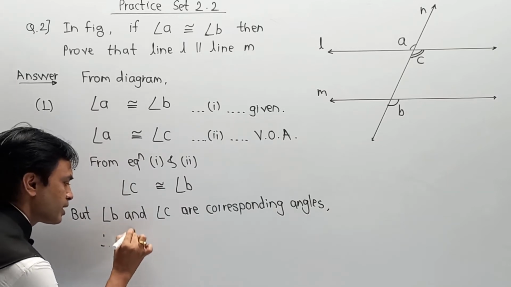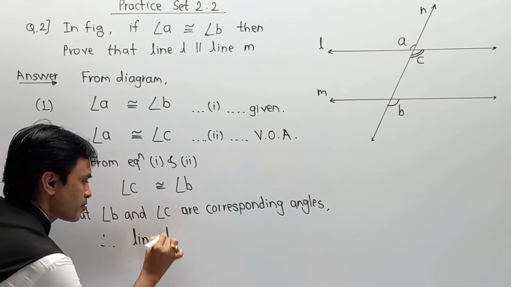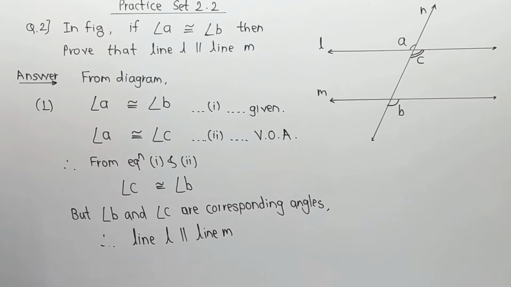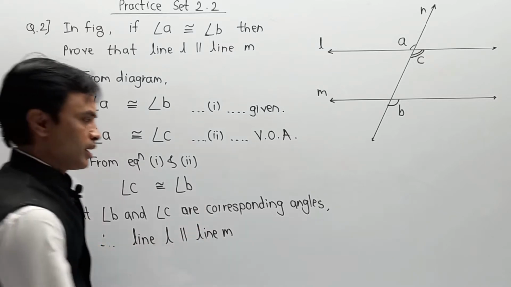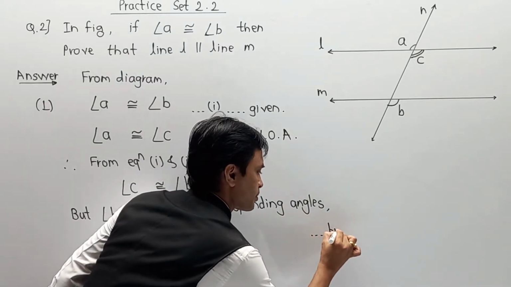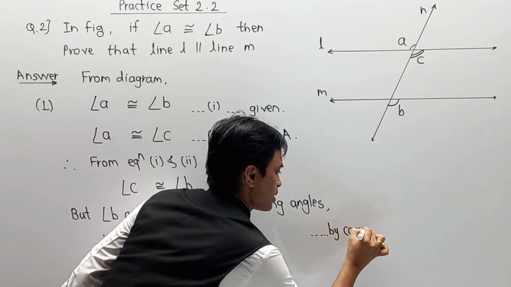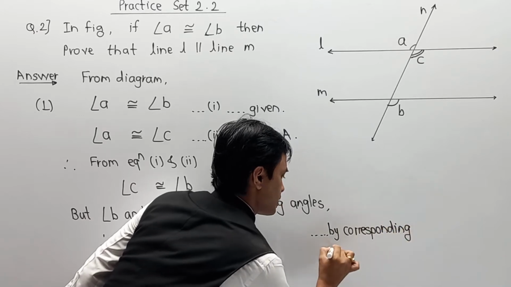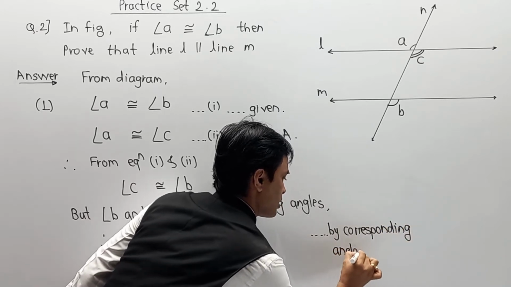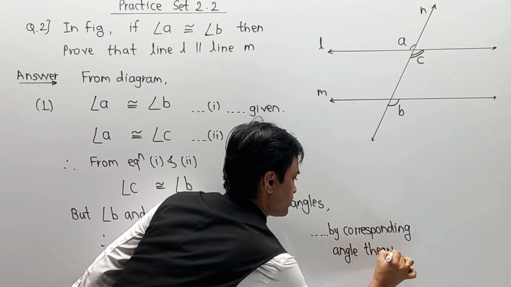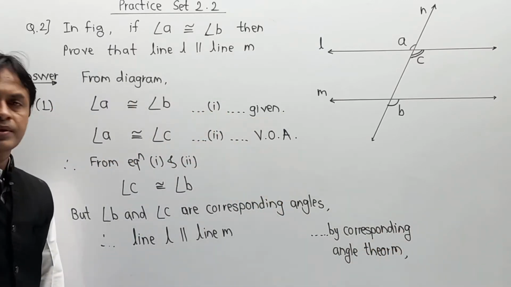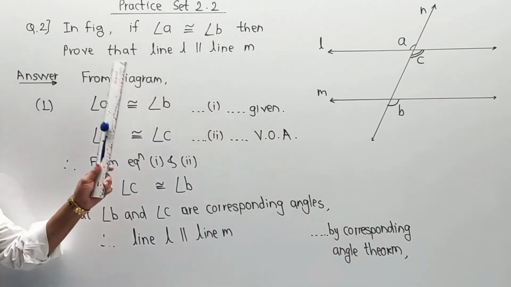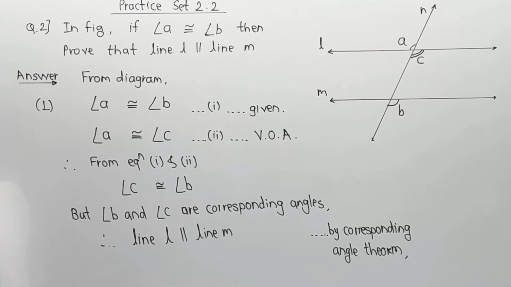Definitely we can say that line L is parallel to line M by the property of corresponding angles, the corresponding angle theorem. And in this way we can complete the part. So this is quite simple for you. Definitely within a specific time you can complete it.